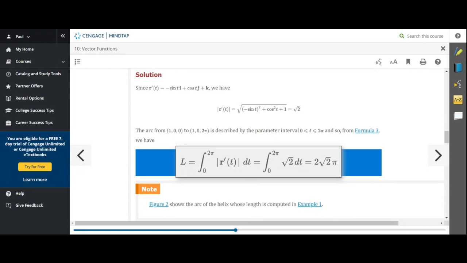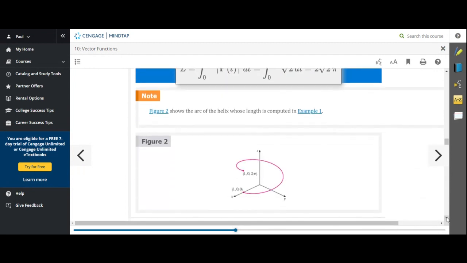So the length of this arc is 2 times the square root of 2 times pi. We could graph that arc, right? We know how to graph a space curve using MATLAB. We have the actual length of that arc.